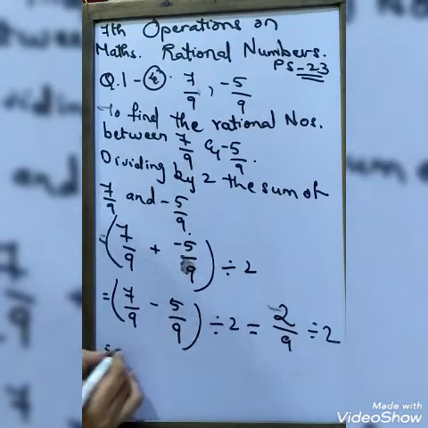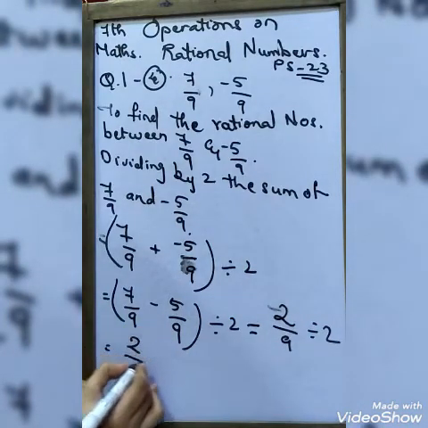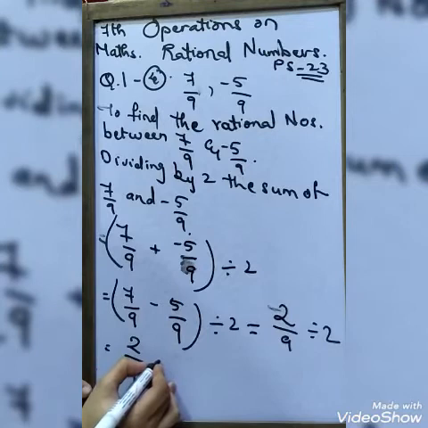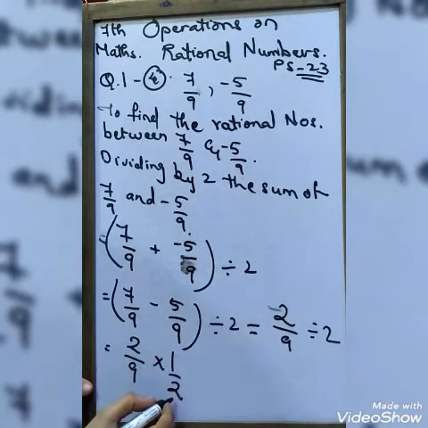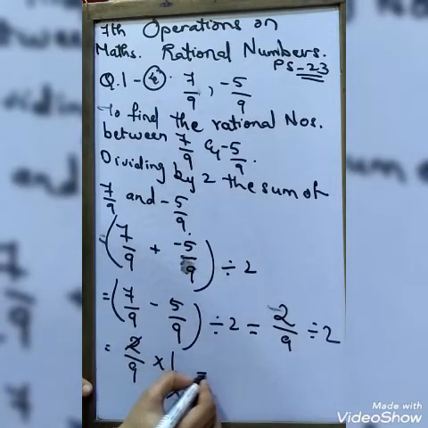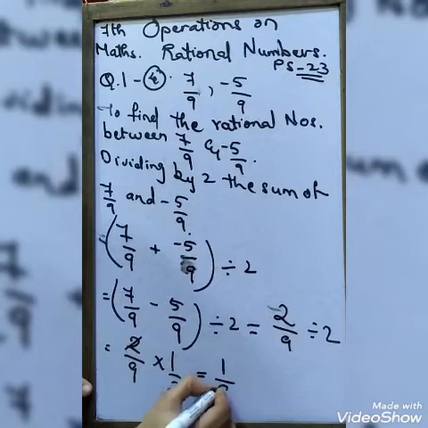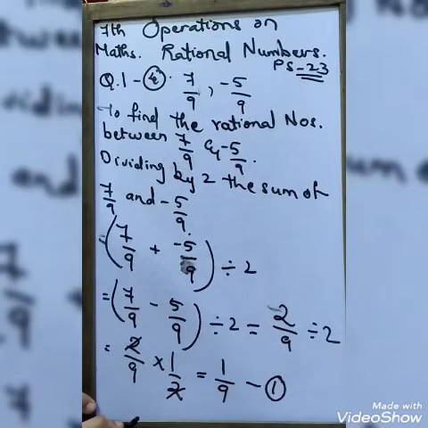Now 2 by 9 into 1 upon 2, so this 2 gets cancelled. So it will be 1 upon 9. The first number we have found is 1 upon 9. So let us go for the next number.